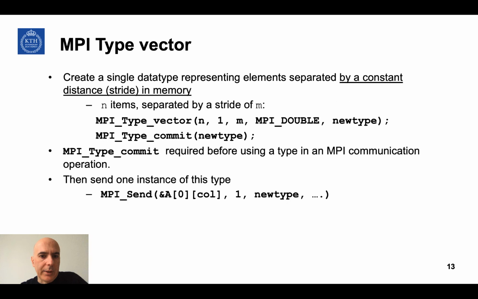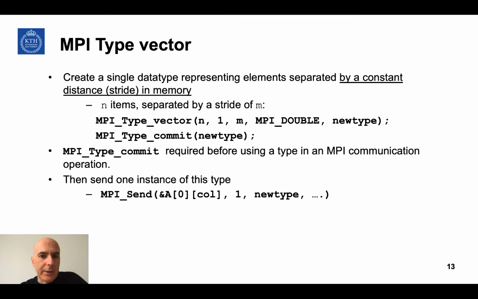To do that, MPI_Type_vector comes to help us. We can create a single data type representing elements separated by a constant distance, the stride, in memory. In this case, we have n items, all the elements of the column, separated by a stride of m. The stride comes from how this access is laid out in memory.